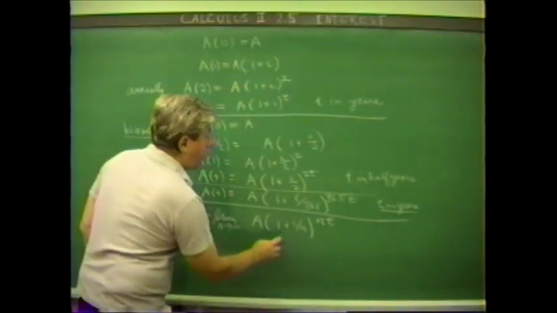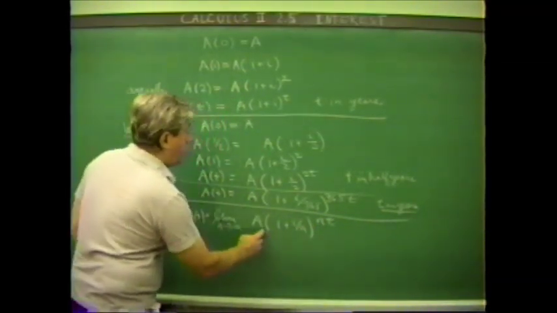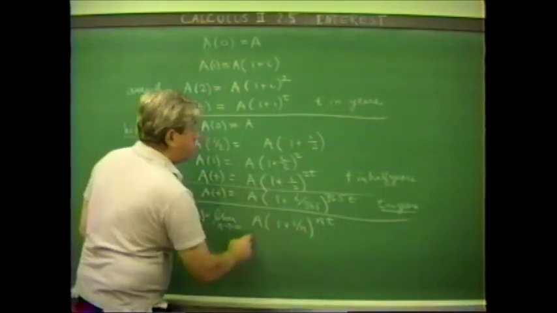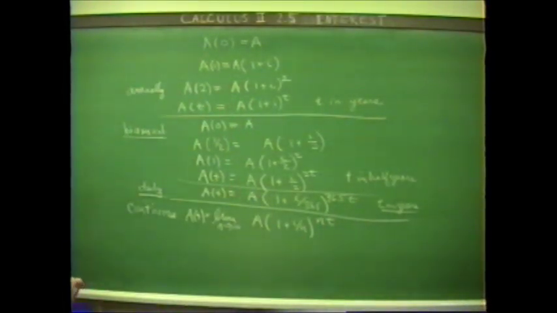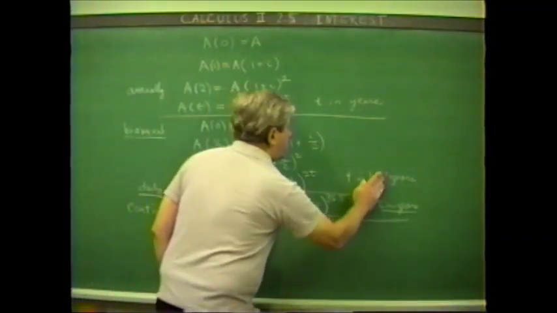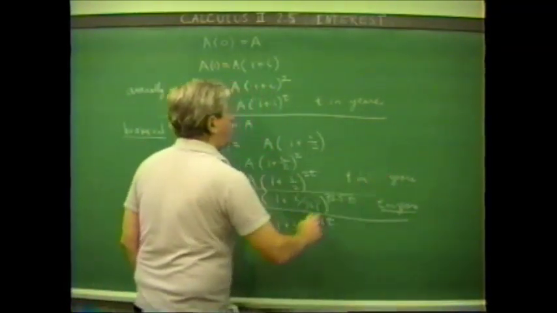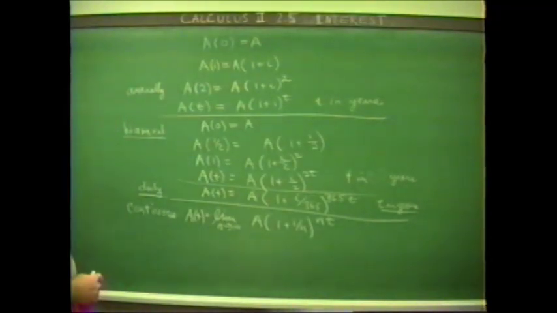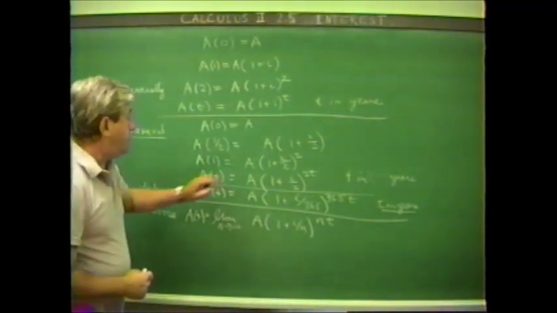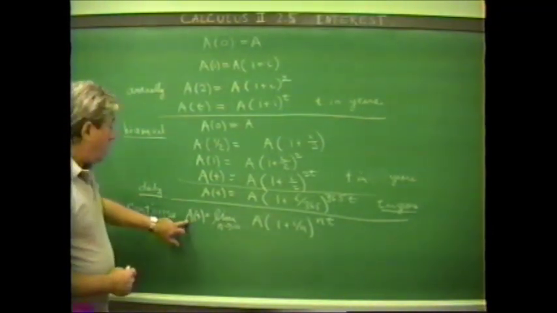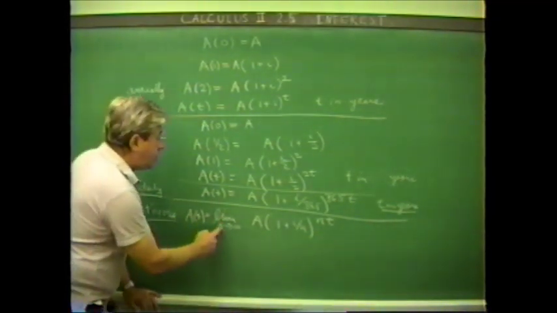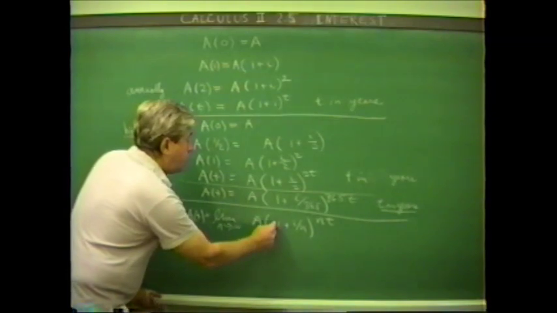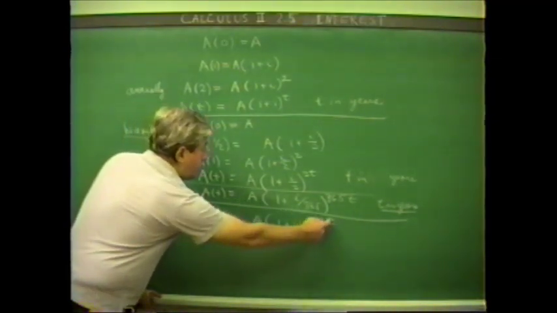Divide the interest into n parts, apply it to A, and let n approach infinity here. This is also t in years, but allowing t to be multiples of a half. So A of t, if we went continuous interest, should be the limit as n approaches infinity of A times (1 plus i over n) to the nt power.